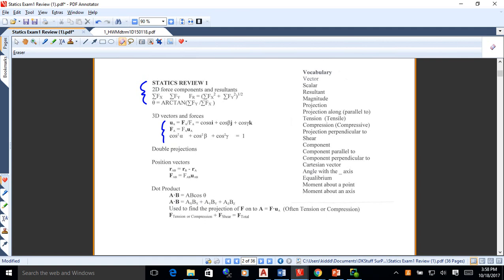RAB is RB minus RA, and then find the unit vector for that, and then scale it up by a force magnitude to find a force vector. Then we did dot products. AB cosine theta is equal to A dotted with B. What that is used to do for us is to find the projection of a force onto a given line, which would be tension or compression.